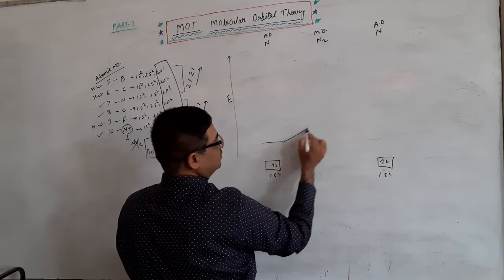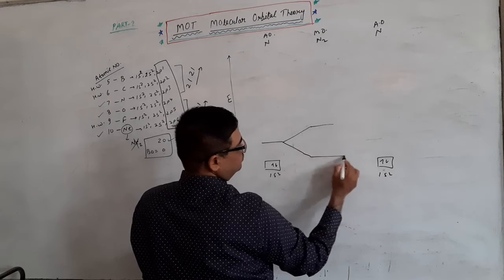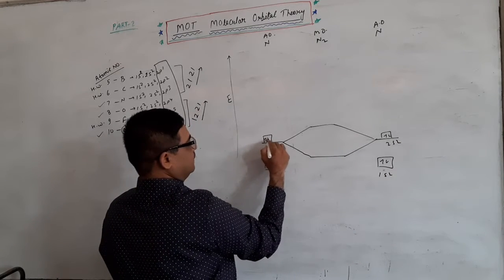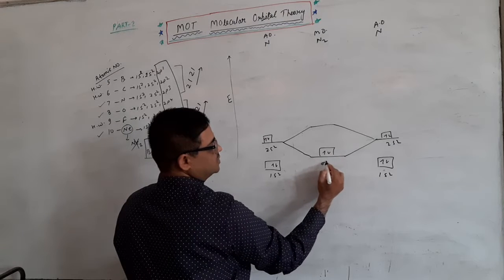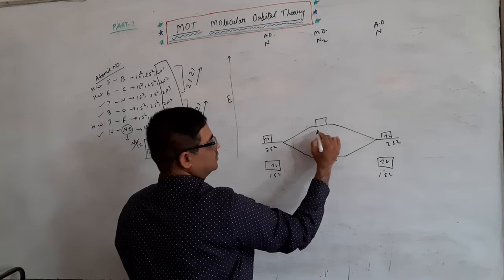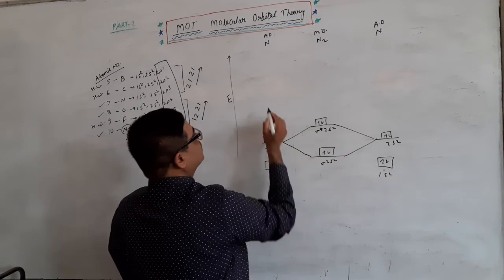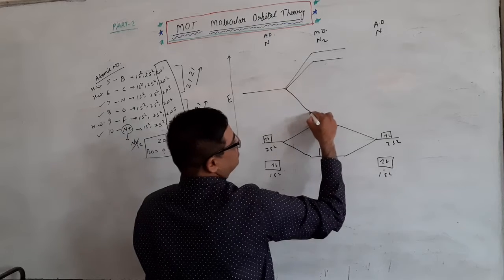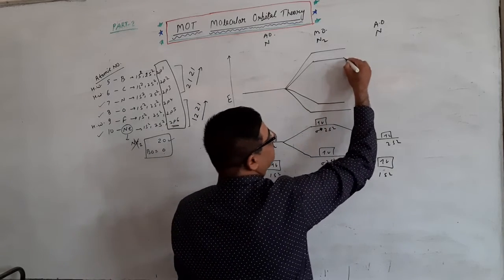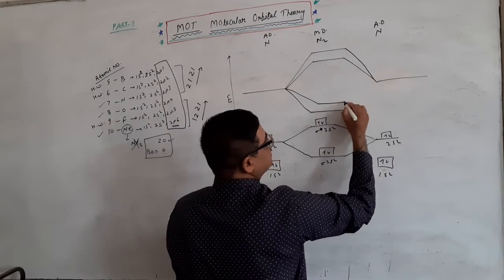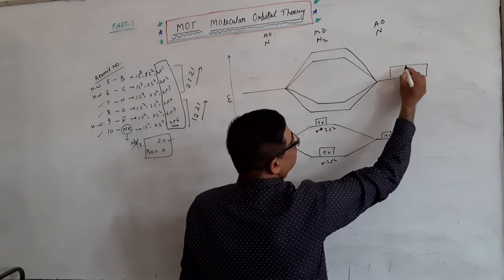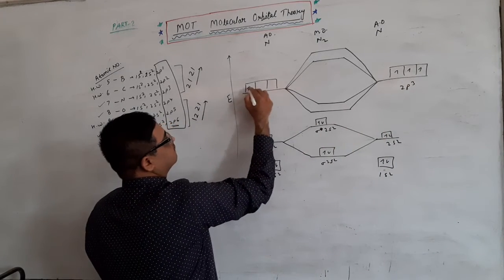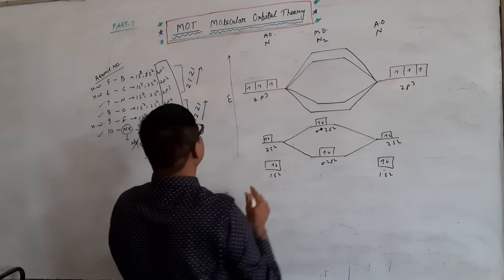And here 2s2 is there, so sigma 2s2, then sigma star 2s2, then the p orbitals come. I will make the p orbitals this way. This is 2p3, this is 2p3.